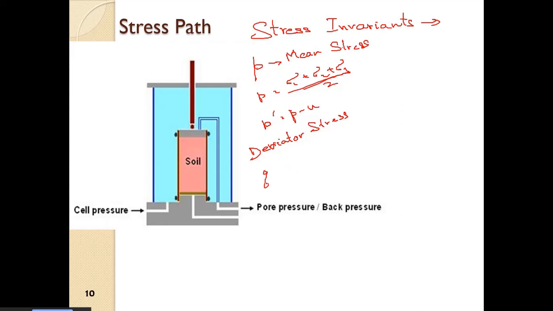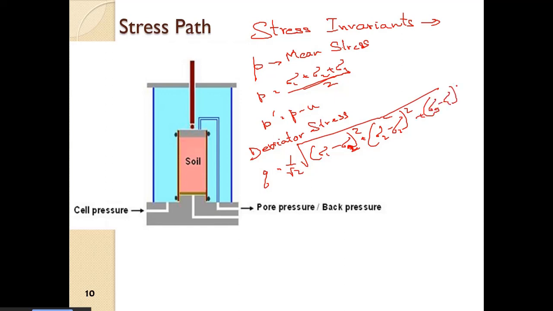So we have Q, which is equal to 1 by root 2 times the square root of (sigma 1 minus sigma 2) whole square, plus (sigma 2 minus sigma 3) whole square, plus (sigma 3 minus sigma 1) whole square.